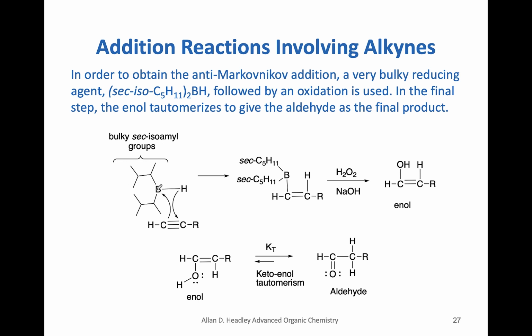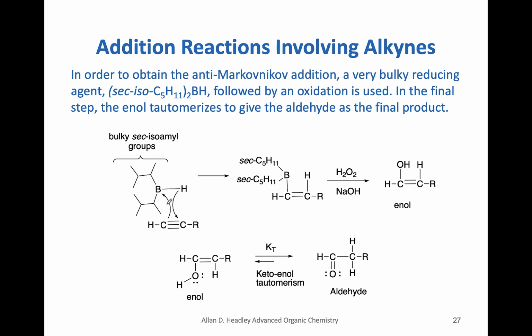So this is BH here, but instead of having BH3, we put here the bulky secondary isoamyl group. Two of these. So these are very bulky. As you can see here, this bulkiness makes this addition going to only this one more efficient. In other words, the reverse, switching around to form the other minor addition, will not be favorable.